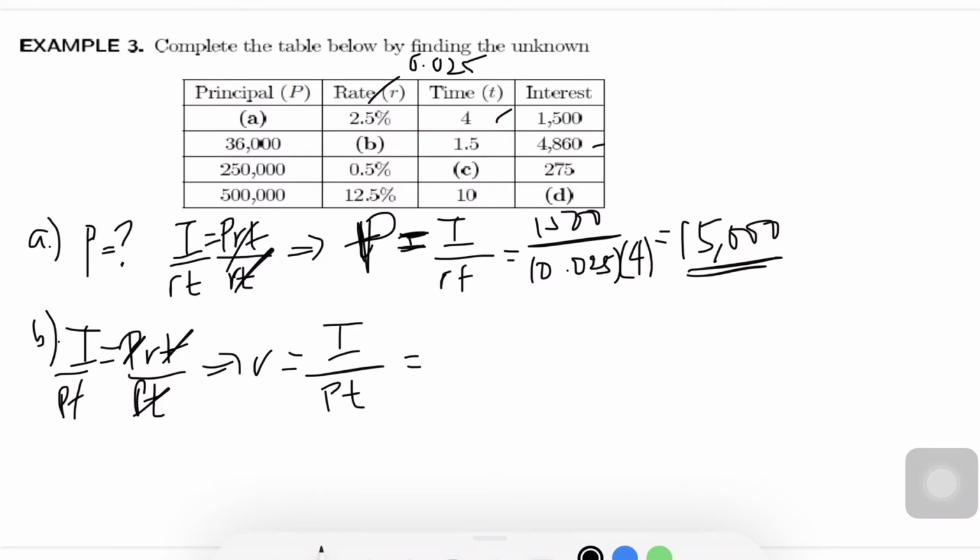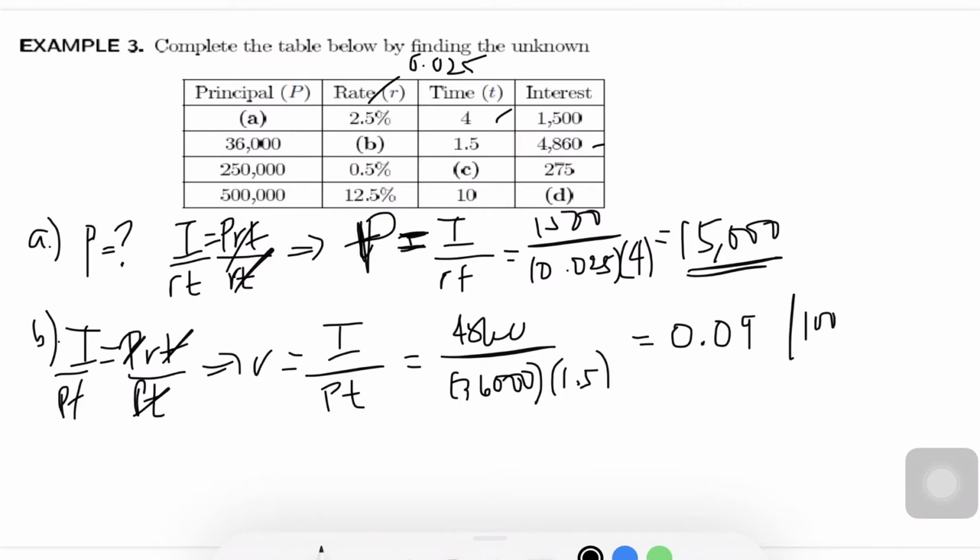The interest is 860, divided by the principal, 36,000, times the time, 1.5. Use your calculator again to solve, and this is equal to 0.09. Then multiply this by 100%. So we have 9%.